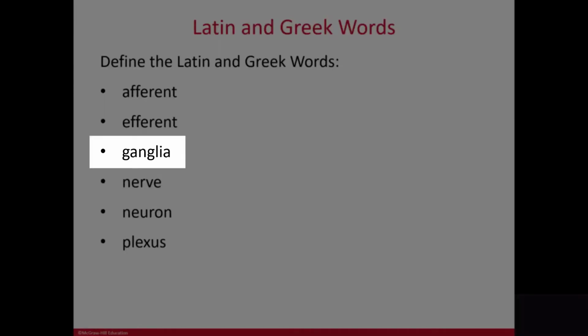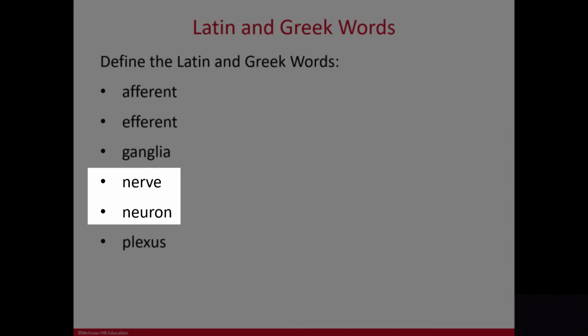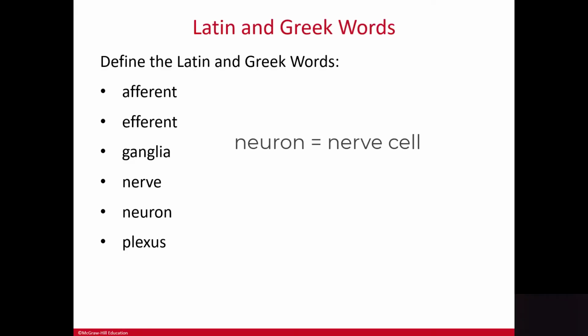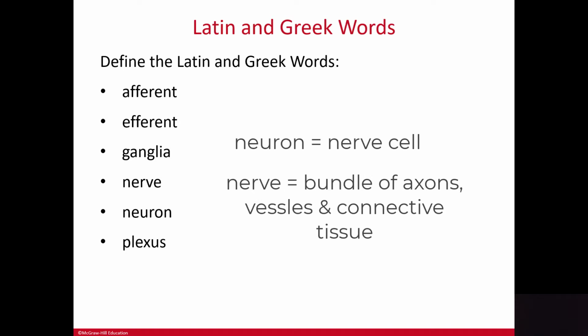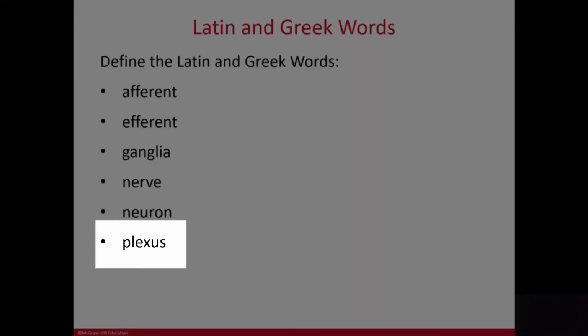Ganglia are collections of nerve cell bodies outside the CNS. Remember the difference between a neuron and a nerve is a neuron is a nerve cell, and a nerve is a collection of axons and blood vessels wrapped in connective tissue. And finally, a plexus is a network or web of nerves that are joined together.